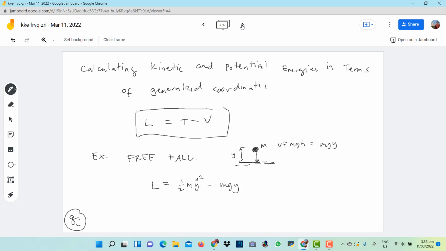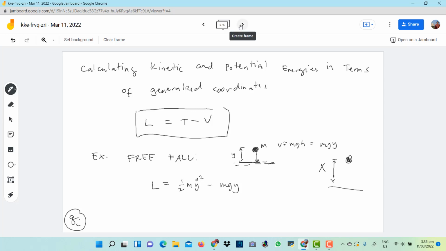Okay? But in the book, in the book of Fowles and Cassidy, even if the motion is downward or upward, usually they use x. Okay? So don't be confused. It's up to you which coordinate you use. But if you read Fowles and Cassidy, usually for position, they use x. But here it is y.